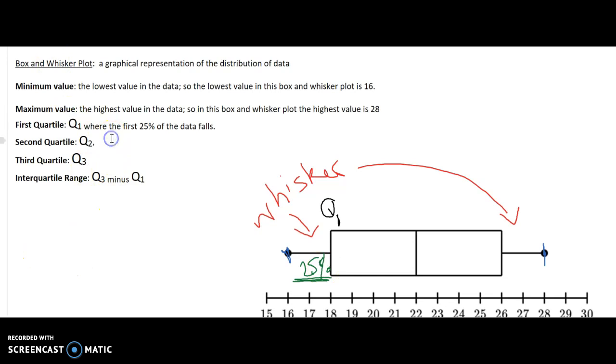The second quartile, we're going to define it as the median of the data. The median falls halfway through the data. So the first 50% of the data falls before that line or at that number.